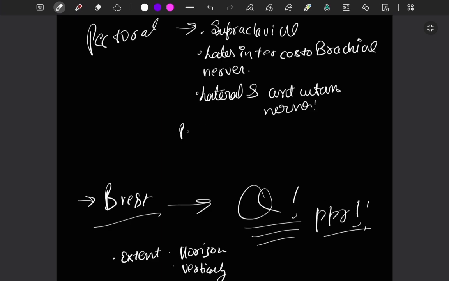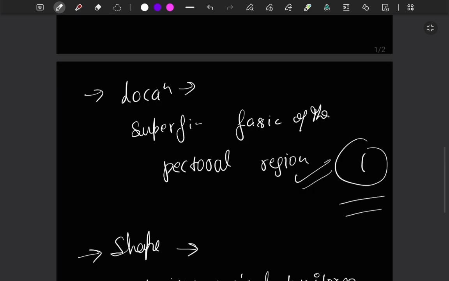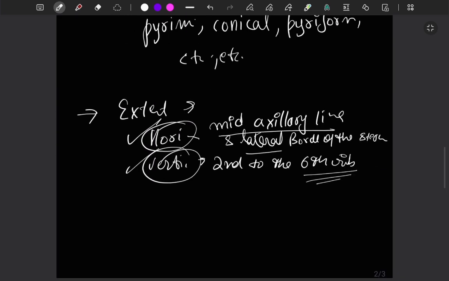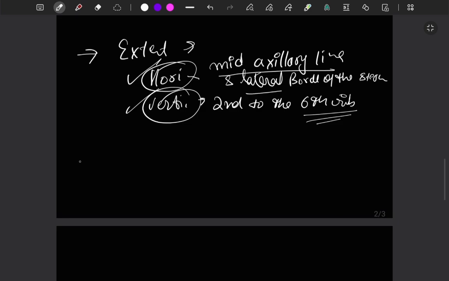The pectoral region has dermatomes C3, C4, T1, T2, I guess. Don't trust me, watch some other video.